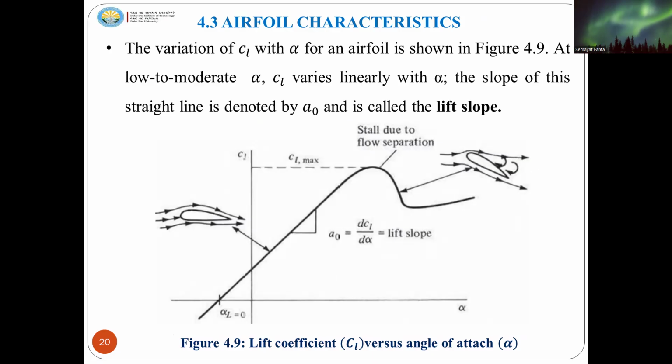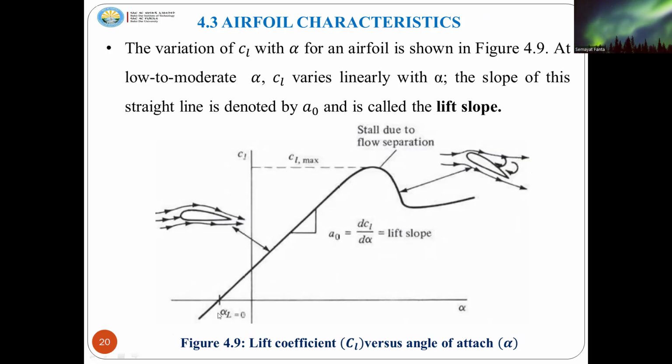So some of the characteristics which we define in case of aerofoil are the CL versus alpha graph, which represents the way an aircraft behaves with angle of attack. The variation of CL with alpha for an aerofoil is already given here. At low to moderate alpha, CL varies linearly with alpha.